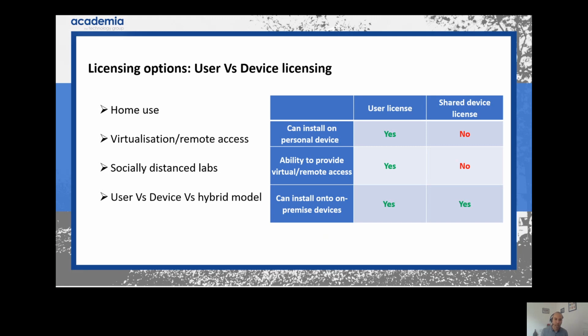So if a student studying media, photography, or any course that requires Adobe software, they will be licensed as a user, and you may choose to take a handful of device licenses for open access areas, libraries, media labs, should a hobbyist or a casual user who doesn't need Adobe as part of their course, but maybe just has an interest in it or it's supporting something else they're doing. So that hybrid model may well be best for many as well.